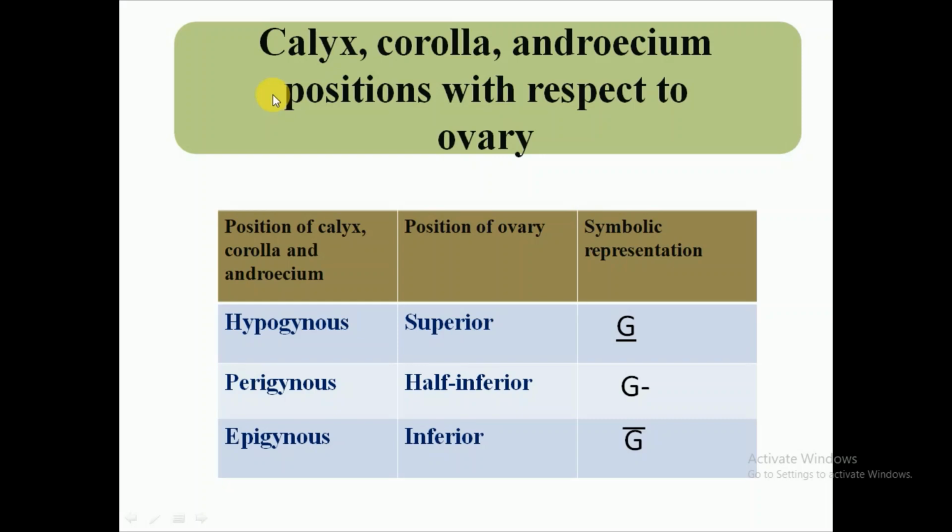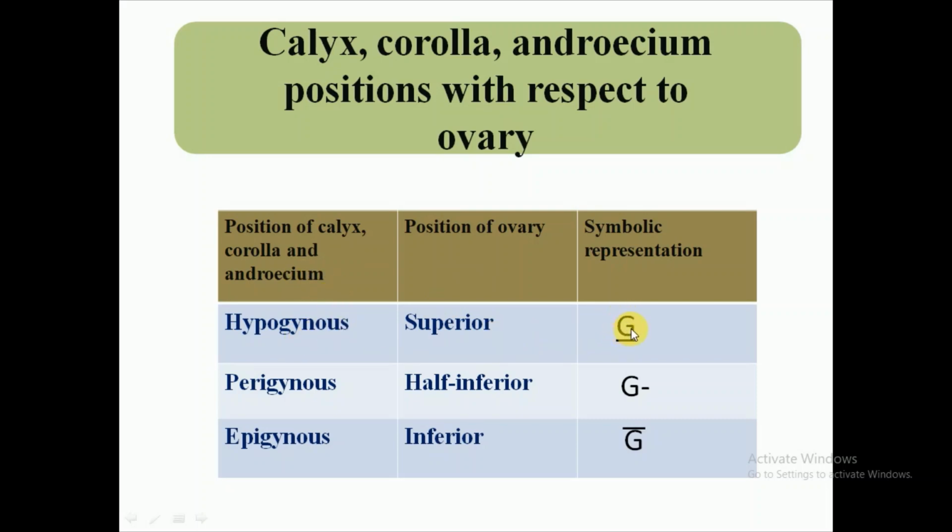Now we are going to discuss the position of calyx, corolla and androecium with respect to the ovary. Here we will see that the positions are hypogynous, perigynous and epigynous. In the hypogynous case, the ovary is superior. That means the ovary is upward, and below the ovary the calyx, corolla and androecium are arranged.